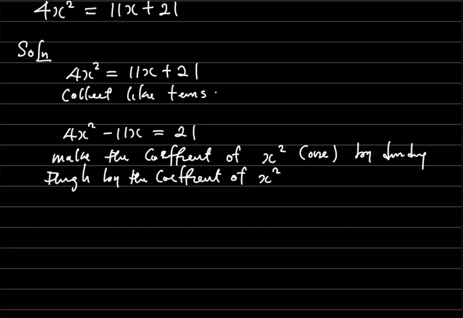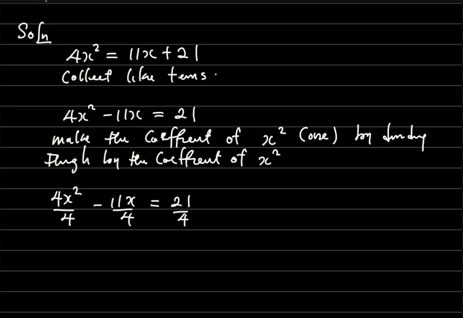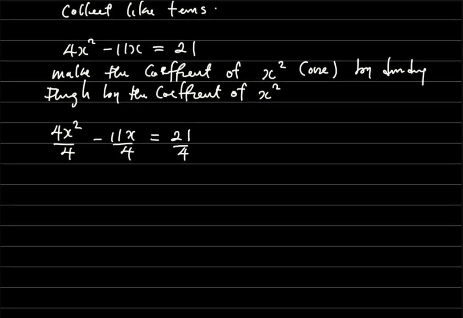It is logical we do that. So we are going to have 4x squared over 4, then minus 11x all over 4, is equal to 21 over 4. Once we carry this out, we are going to have x squared minus 11 over 4 x equals 21 over 4.